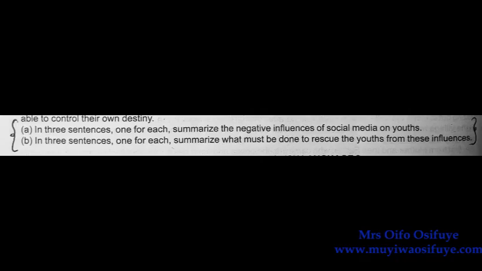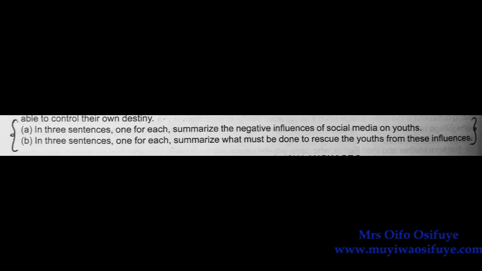The third example reads thus. Example 3A. In 3 sentences, 1 for each, summarize the negative influences of social media on youths. The second part of the question is 3B. In 3 sentences, 1 for each, summarize what must be done to rescue the youths from these influences.